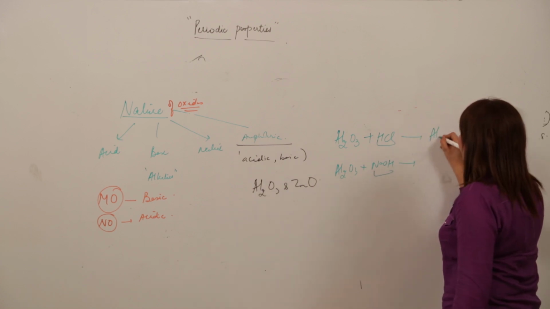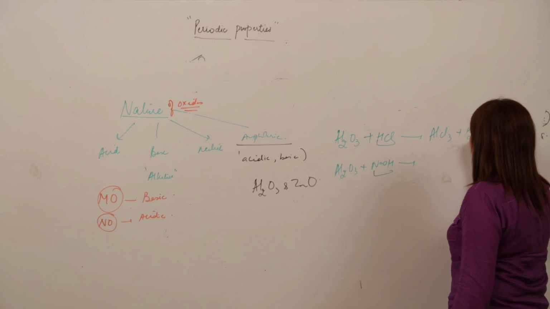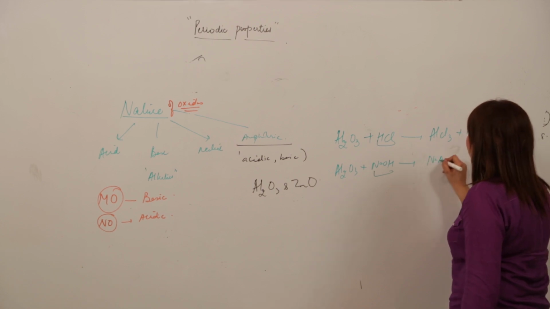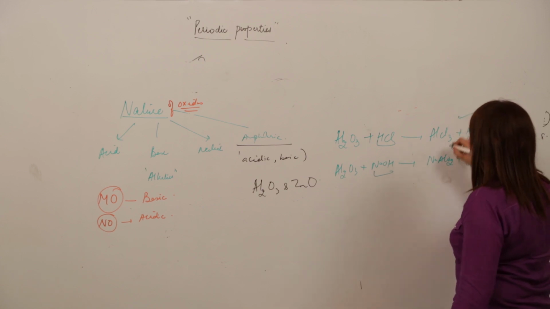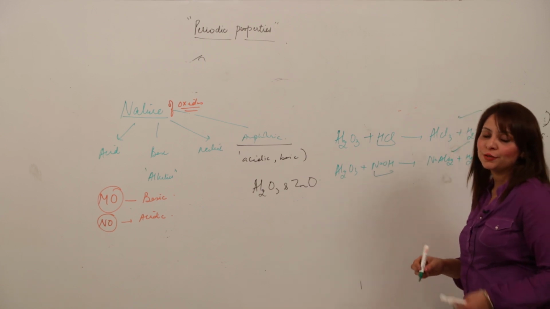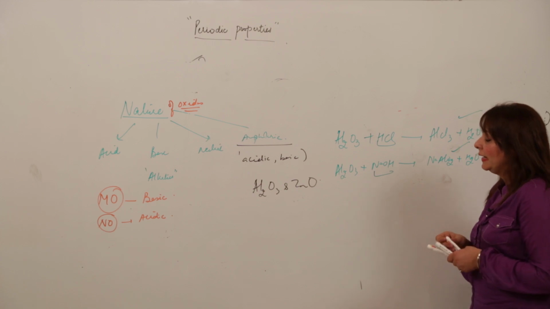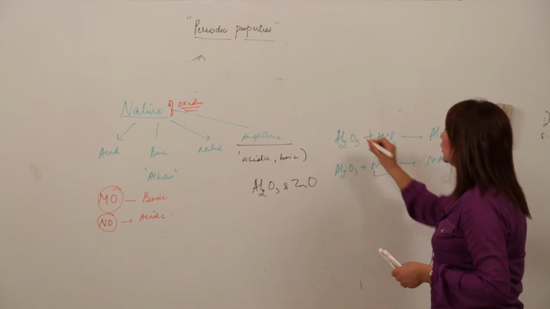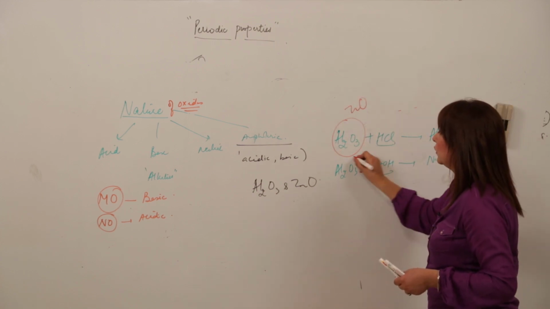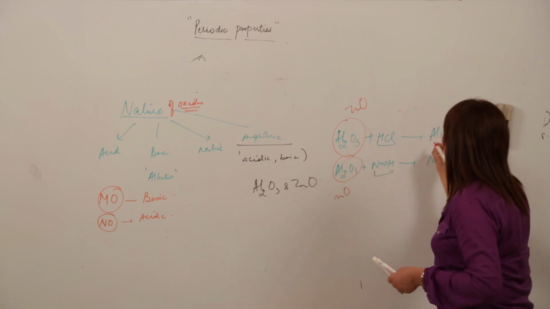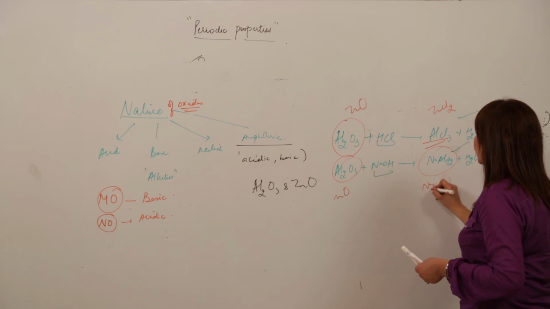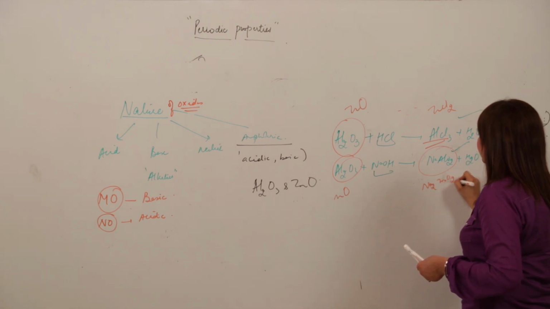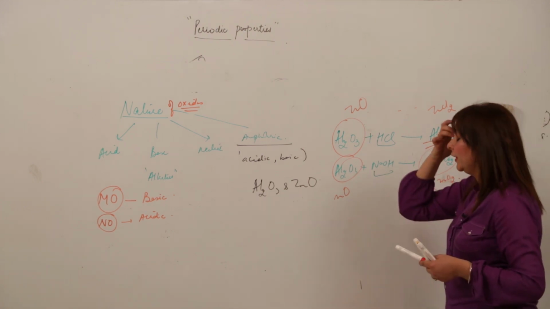It forms AlCl3 with H2O, and with the base it forms sodium aluminate plus H2O. So the reaction can occur with both of them, which shows it is amphoteric in nature. Likewise, we can show it for zinc also. With zinc oxide it will form zinc chloride, and with the base it will form sodium zincate. That shows they are amphoteric in nature.